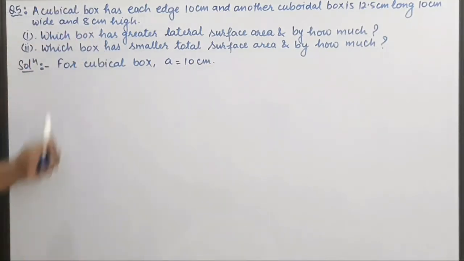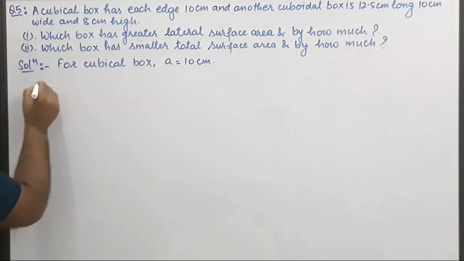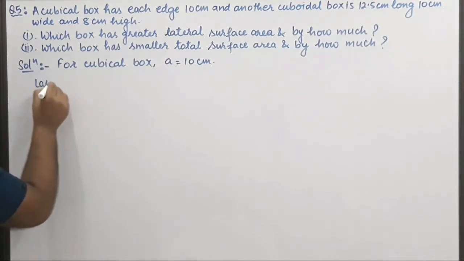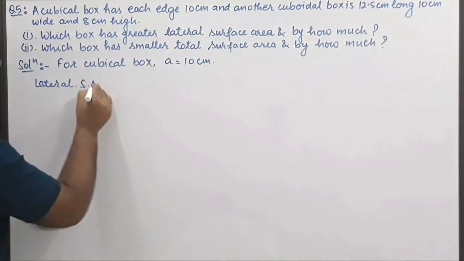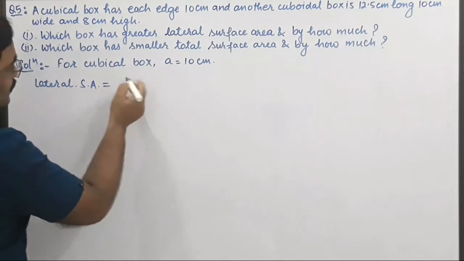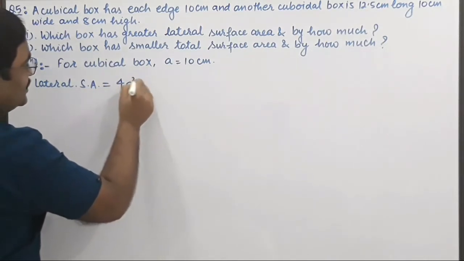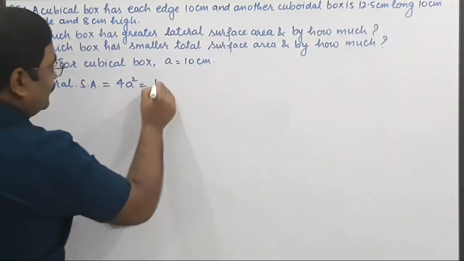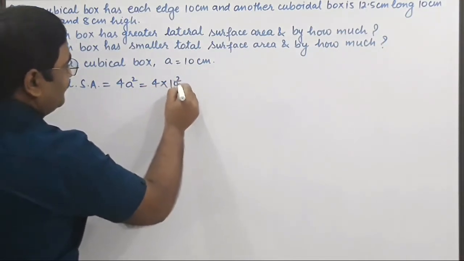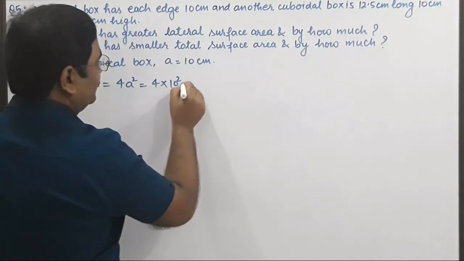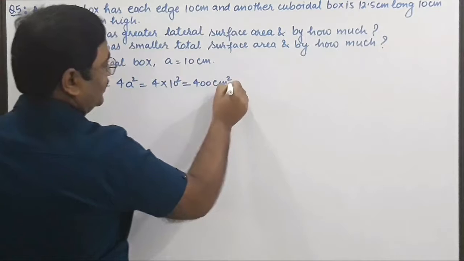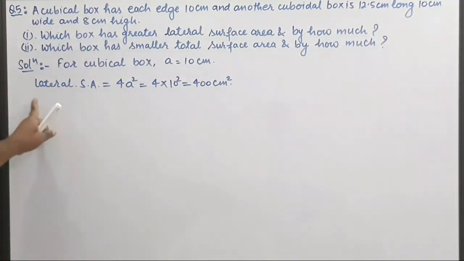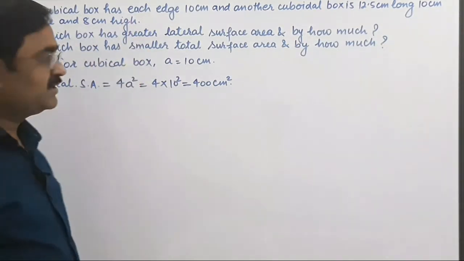Okay, so let's find its lateral surface area. Lateral surface area is equals to, you have the formula 4a square, which is 4 multiplied by 10 square, that is 10 tens are 100, 4 hundreds are 400 centimeter square. This is the lateral surface area of cubical box.